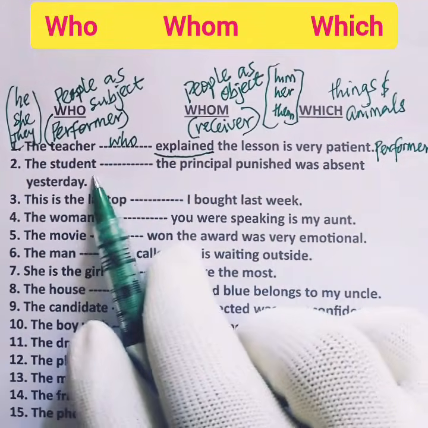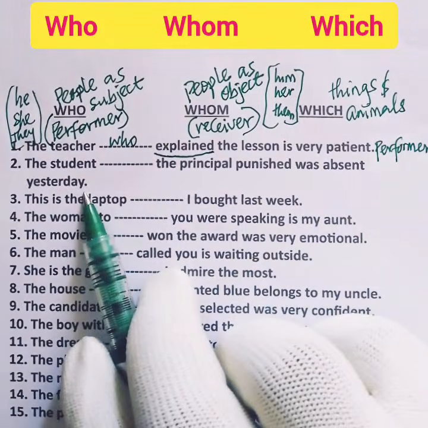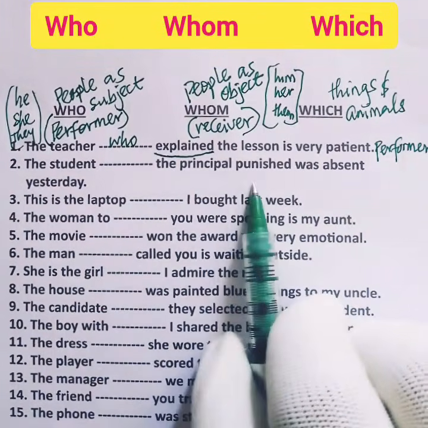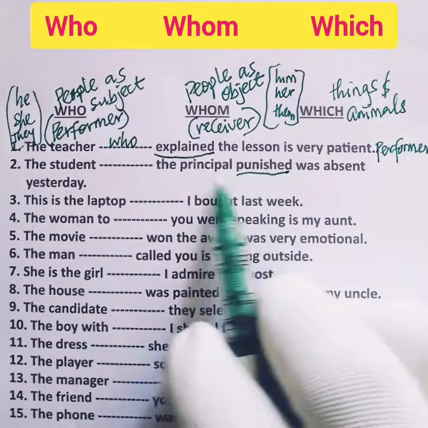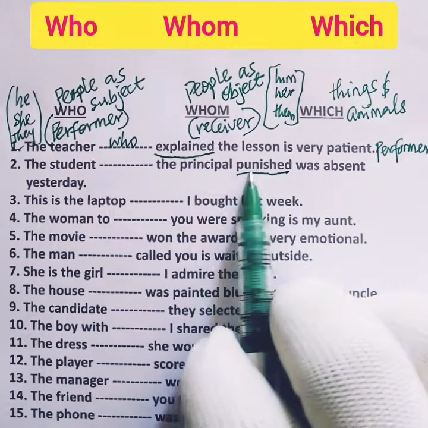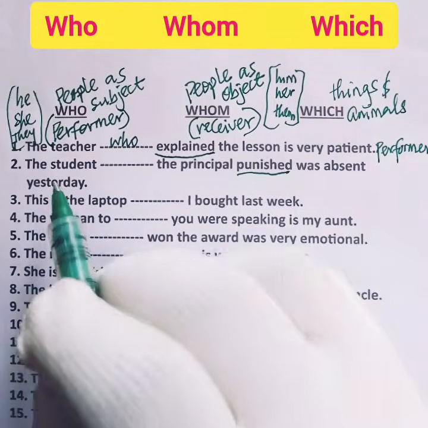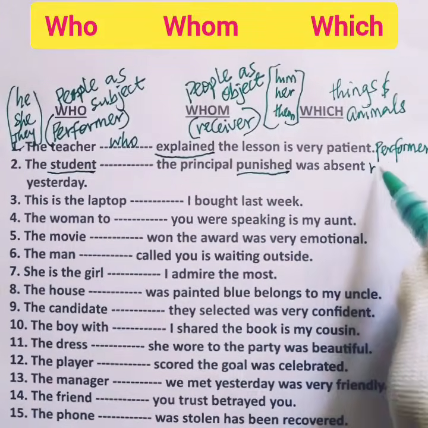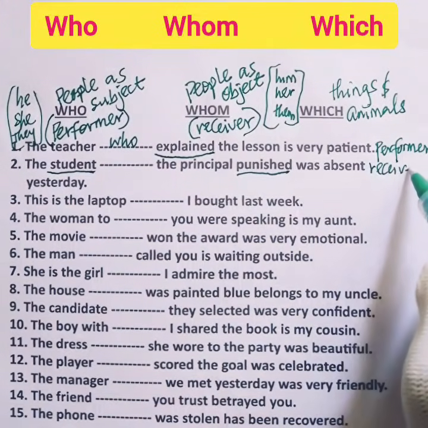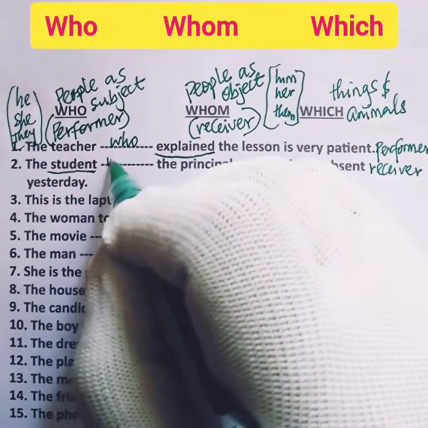2. The student blank the principal punished was absent yesterday. What is the action in this sentence? Punished. Who performed the action? The principal. Who received the action? The student. The student is the focus here, so since it is the receiver of the action, then whom should be the correct word to use.